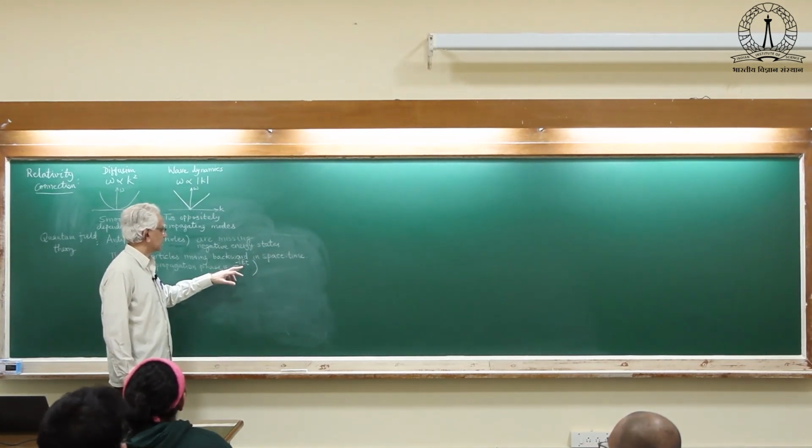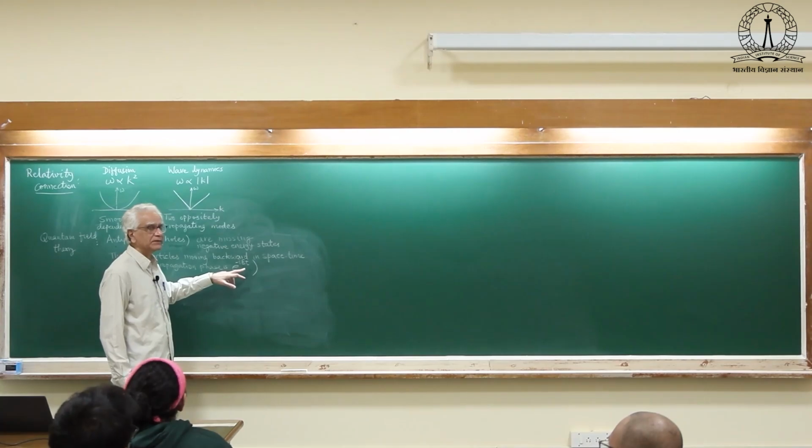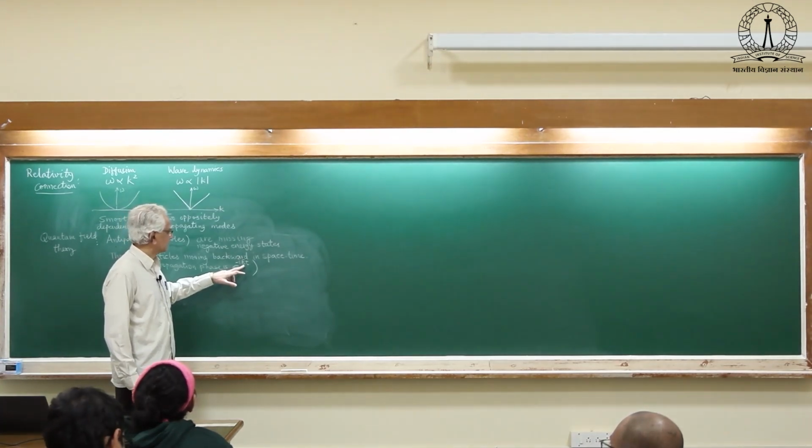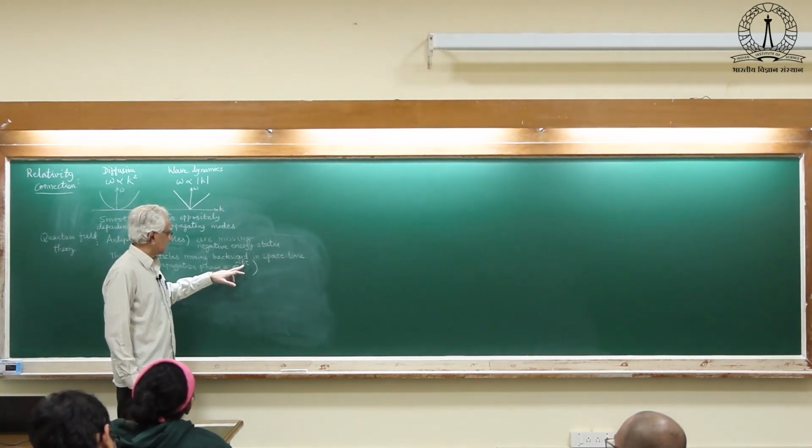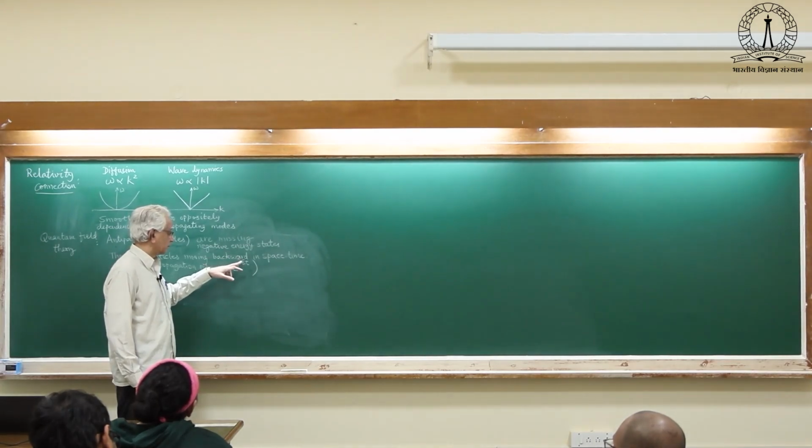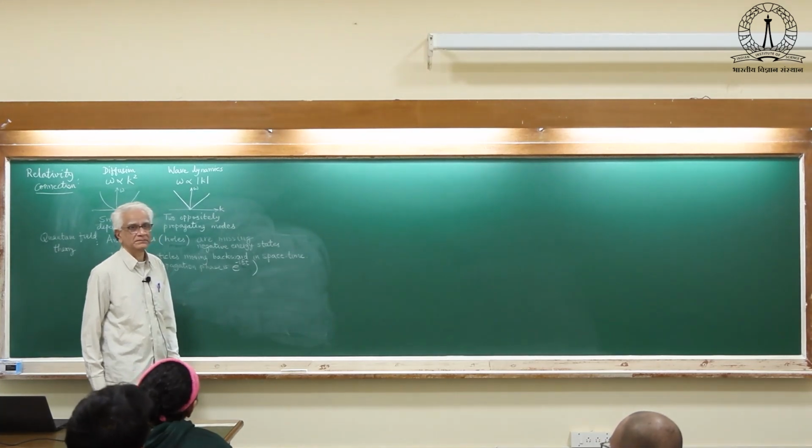Now you want to talk about a missing negative energy particle. What do you do? You convert it to a present positive energy particle and take the sign inside t.